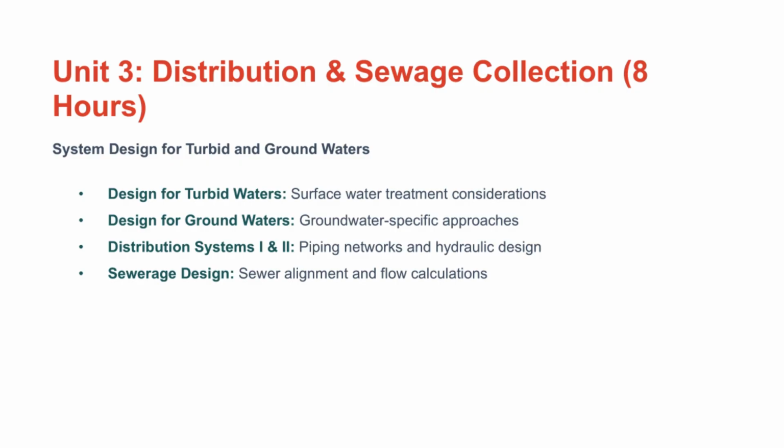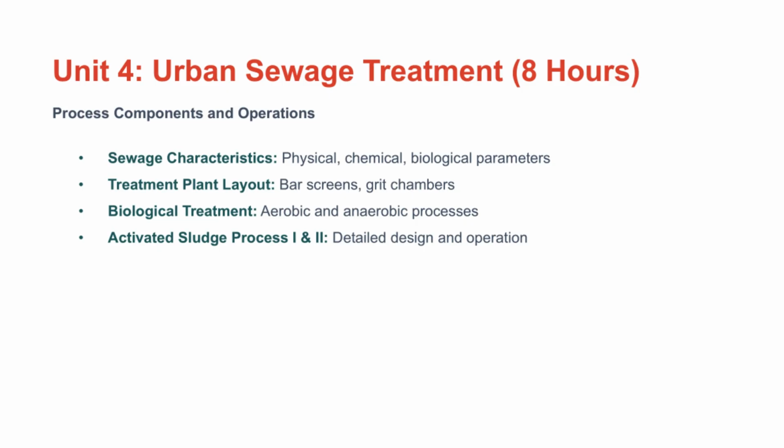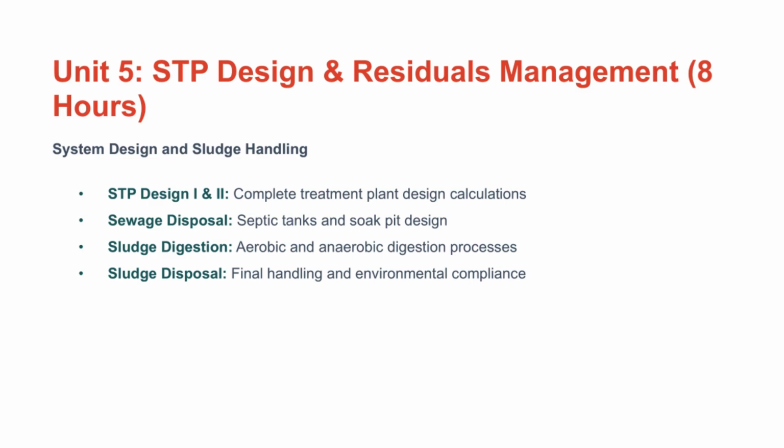And in the 4th unit, we will be studying the sewage treatment processes, the different set of treatment units we have, and the layout of the sewage treatment plant. And in the 5th unit, we will be studying the sewage treatment plant design and the removal and disposal of the sludge.